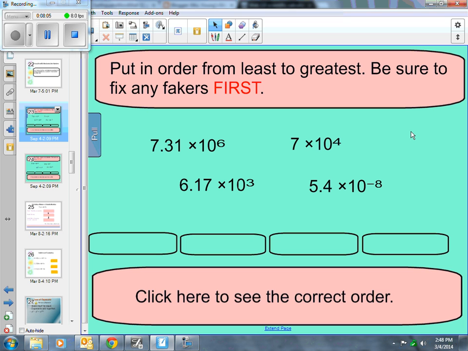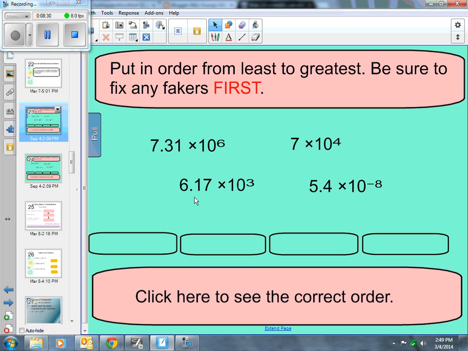They will do this to you in any textbook or on any worksheet. They're going to try and fake you out. So make sure that all of these are in fact in scientific notation, that none of these numbers are bigger than 10 or smaller than 1. They will try and do that to you.